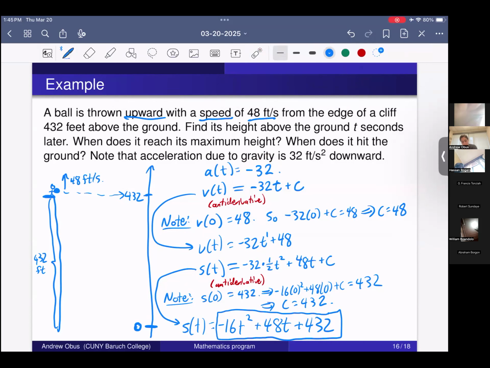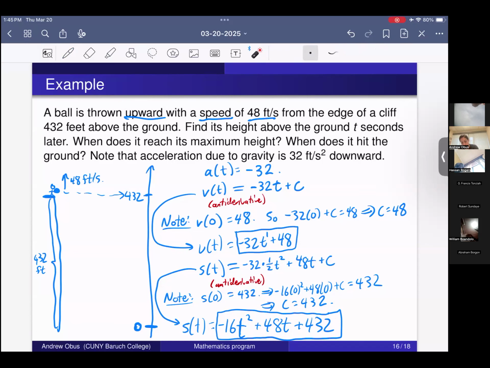This is telling us how the ball is going to move with time, at least until it hits the ground and it's acted on by forces other than gravity, the electromagnetic force of the ground, right? So the position function is given by this quadratic function, negative 16t squared plus 48t plus 432, okay? And the velocity function, which maybe I'll box also, is given by minus 32t plus 48.